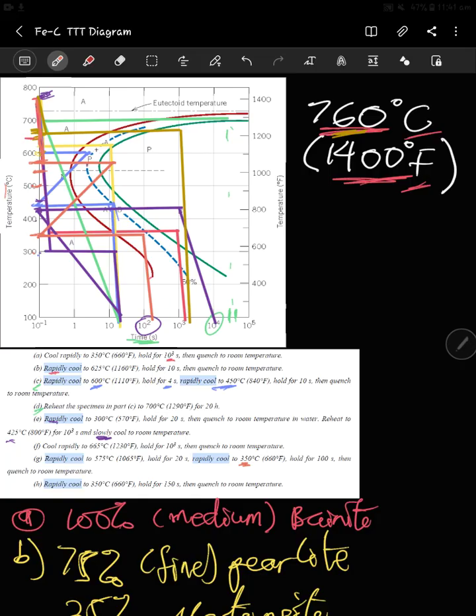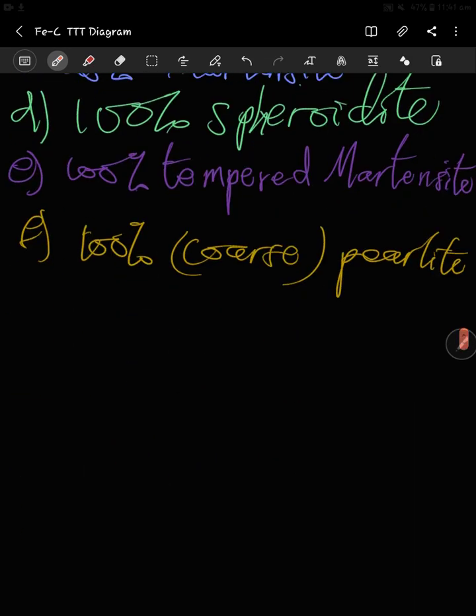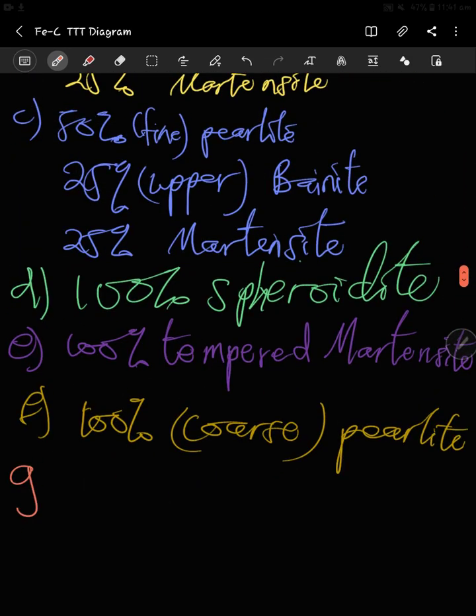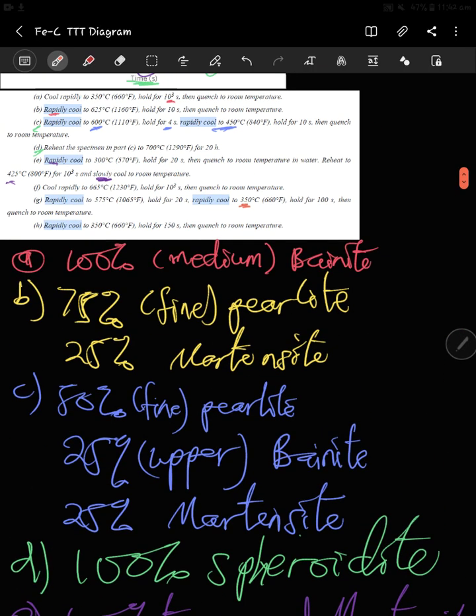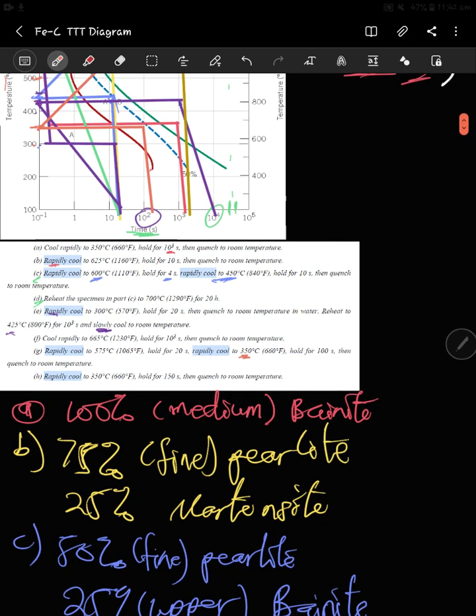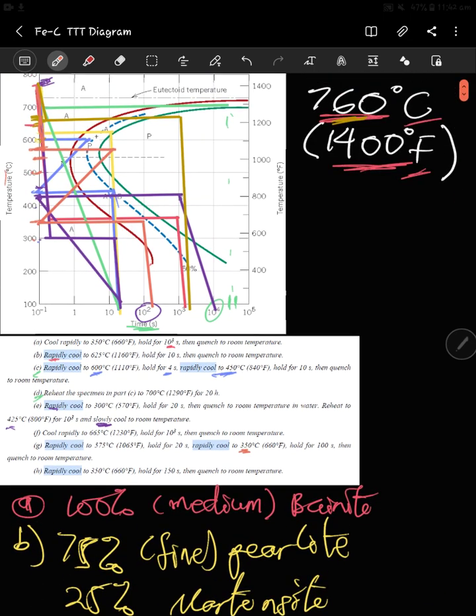So we are still having 100% fine pearlite. Then again, that's why at the beginning what we were doing was very important. When you get those concepts, whatever the transformation, you'll be able to determine the structure that you have and their weight percent, right?